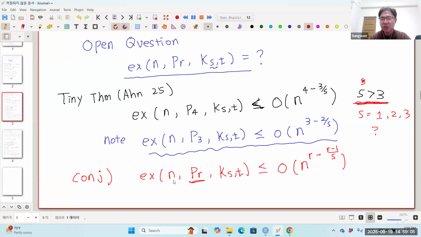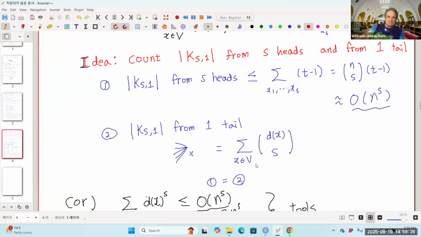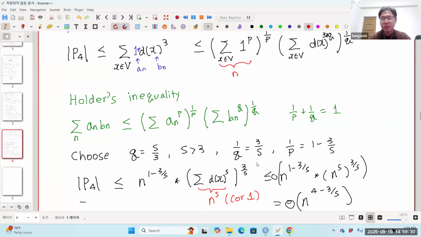That's right. This is P4, and I said I was able to do P5, but in that case, s should be greater than or equal to 5. So the number of vertices determines how large s should be. And it's coming from Holder's inequality.